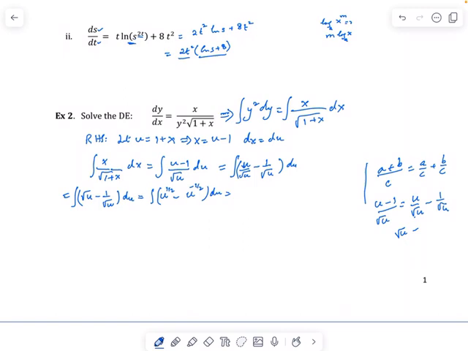The first term gives us u to the 3/2, so 2 over 3 in the front, u to the 3/2, minus: we add 1 to negative 1/2, so we get 1/2, so 2 u to the 1/2 plus c. You can now plug back the value for u, which is x plus 1. So we get our answer for the right hand side.